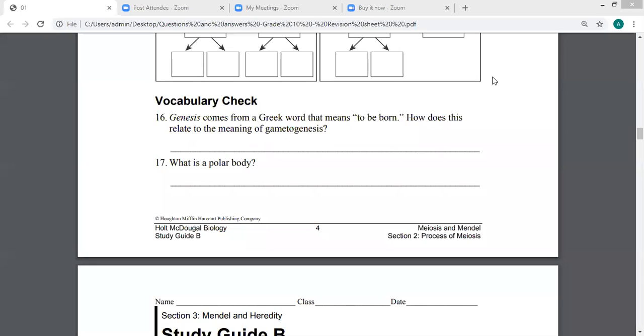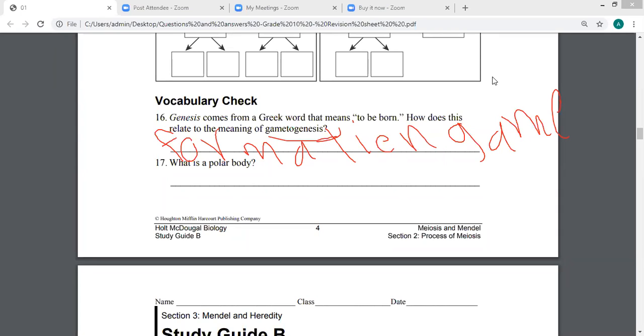Genesis comes from a Greek word that means to be born. How does this relate to the meaning of gametogenesis? What's the meaning of gametogenesis? It is the production of gametes. Good. The production or formation of gametes. The last one: what is the polar body?